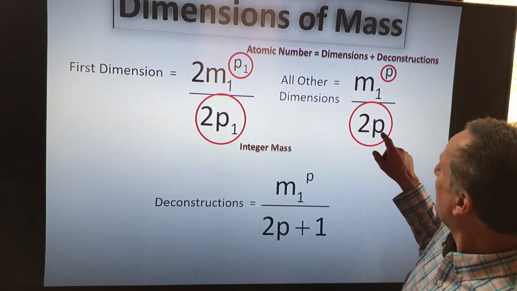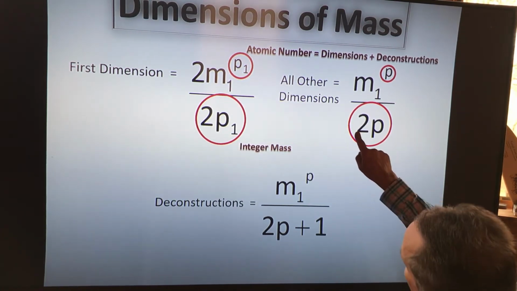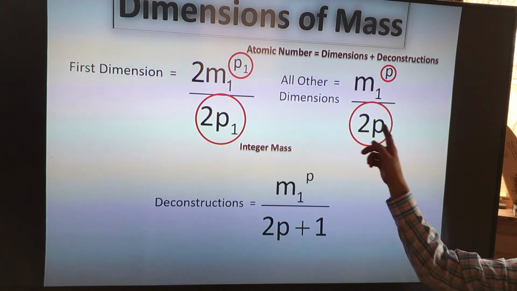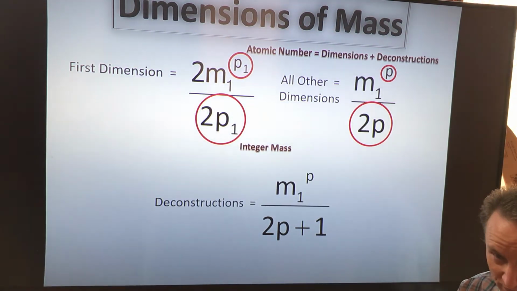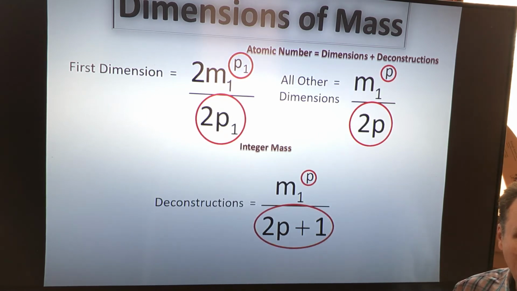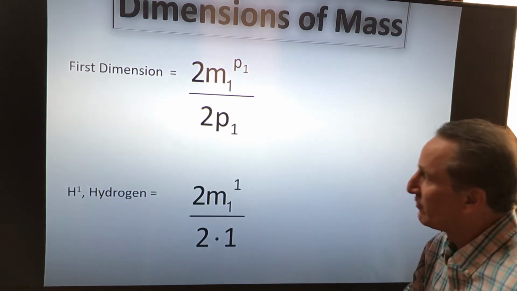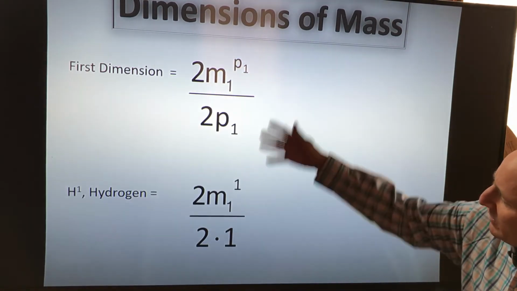And then for the second mass, 2, it doesn't go from mass 1 to mass 2, it goes from mass 1 to mass 4, and that's the way the periodic table moves from hydrogen to helium, because helium is 2 protons and 2 neutrons, so it goes from a mass of 1 to a mass of 4, and so that's what these equations do.